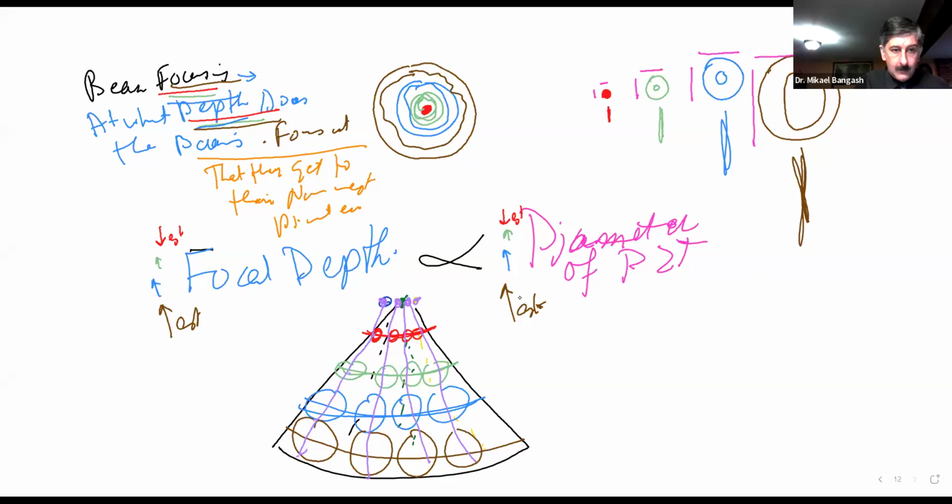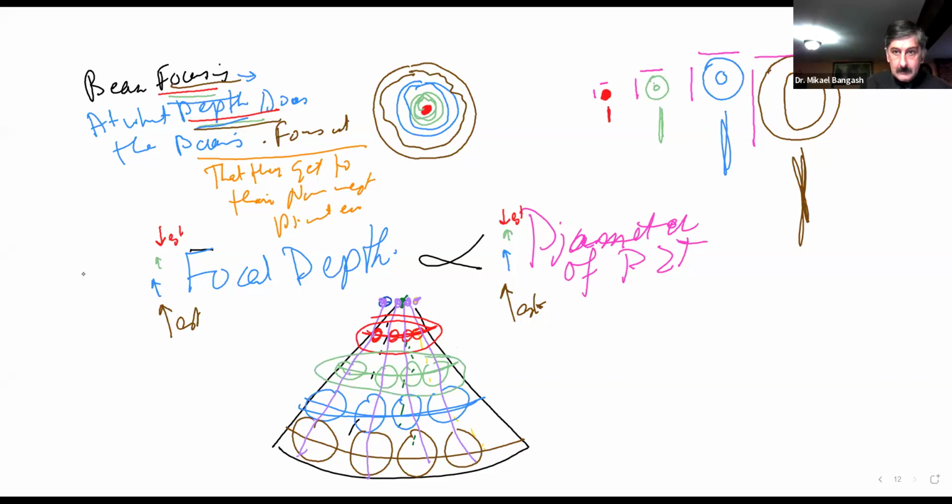Or what we mainly can say, guys, is that the small PCT, this fellow here, will make this part of the image. This greater PCT here will make up this part of the image.